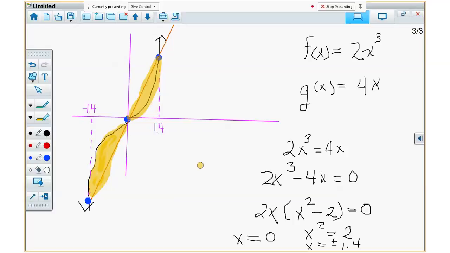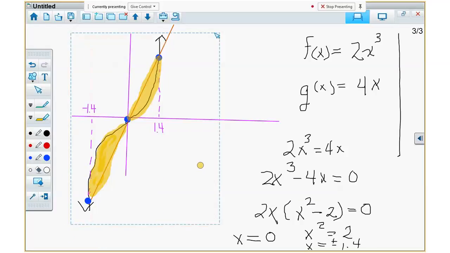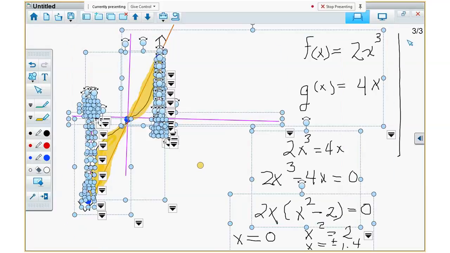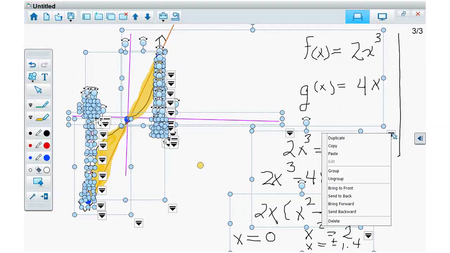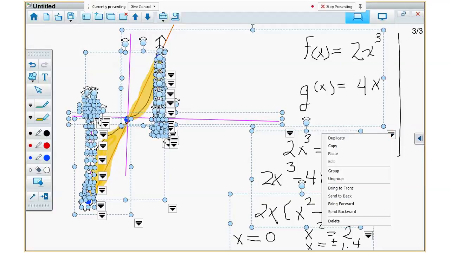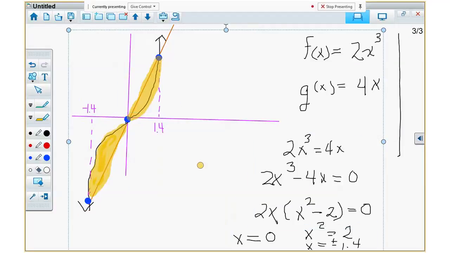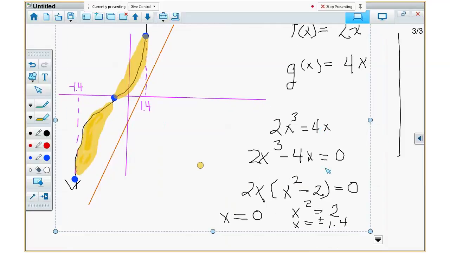Okay? So let's take our handy-dandy, what do you call it over here? Stylus, whatever. Really?